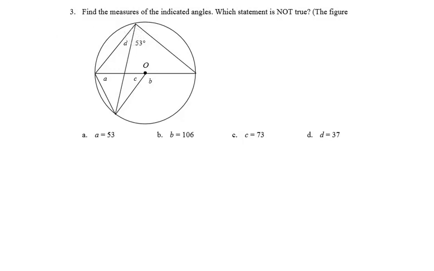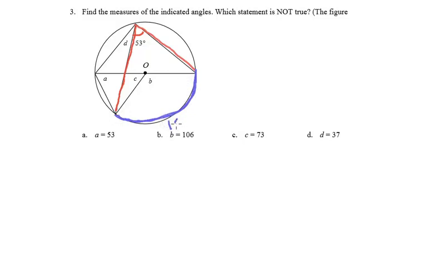If we follow this out, this is an inscribed angle, and one of our theorems tells us that an inscribed angle is half the measure of the arc that it forms on the circle. So if 53 is half of this blue arc, well, 53 times 2 is 106.